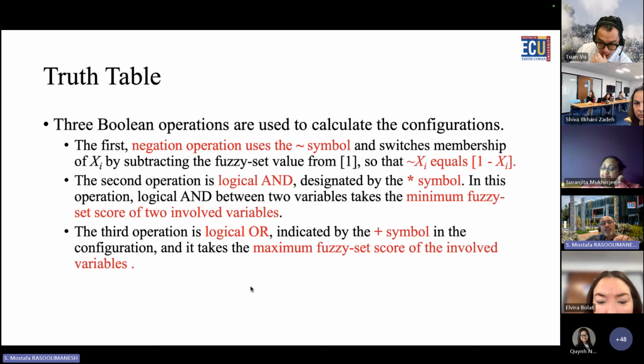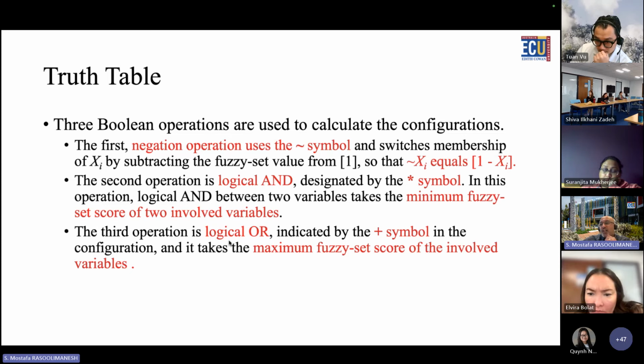In Boolean algebra, we use a few operations to combine factors, and the three main operations are negation, which is similar to negative but the meaning is different from the negative we have in conventional algebra, logical AND, and logical OR. So using these three operations, we can create more combinations of factors, right?